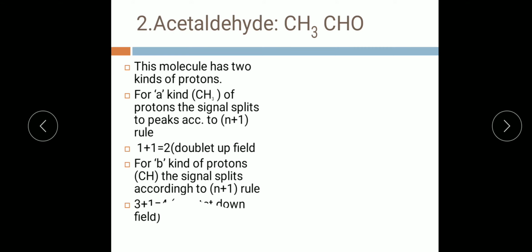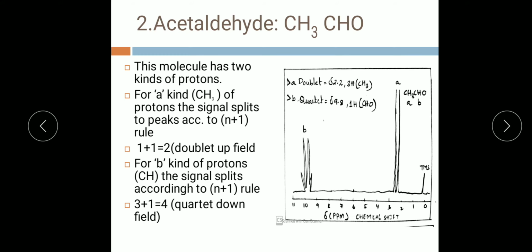And for B type proton, that is aldehydic proton, adjacent protons are 3, so 3 plus 1 is 4, you will get a quartet. And here in this picture you can see doublet at delta 2.2, 3 hydrogens CH3, and a quartet at delta 9.8, 1 hydrogen, that is the aldehydic proton.